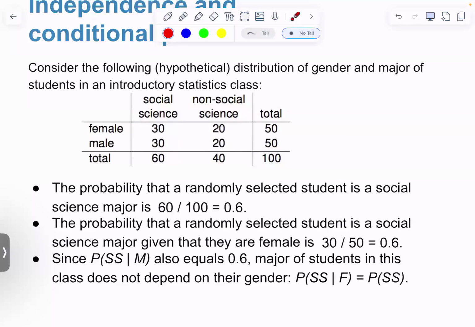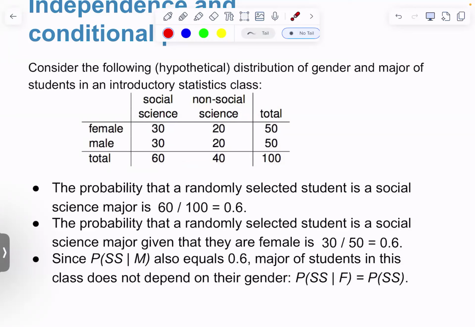We understand that there are other majors, but if the one we're most interested in is social science majors, we can lump everyone into the not social science category, boiling it down to only two outcomes. The probability that a randomly selected student is a social science major is 60 over 100.